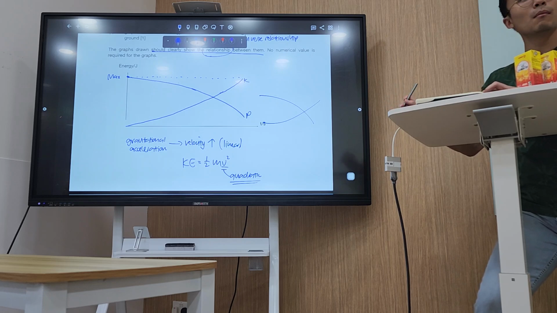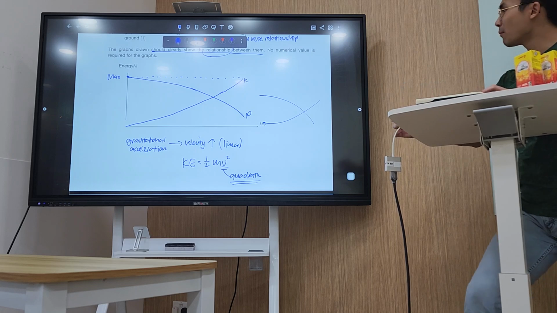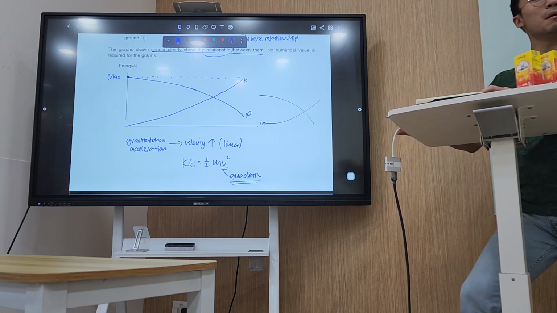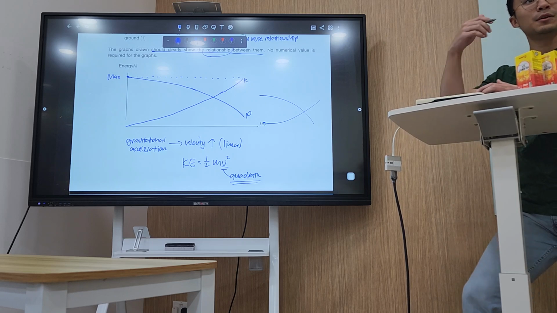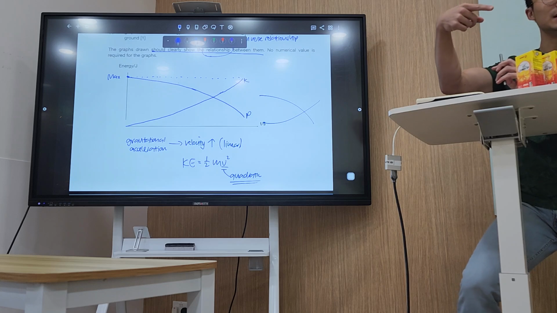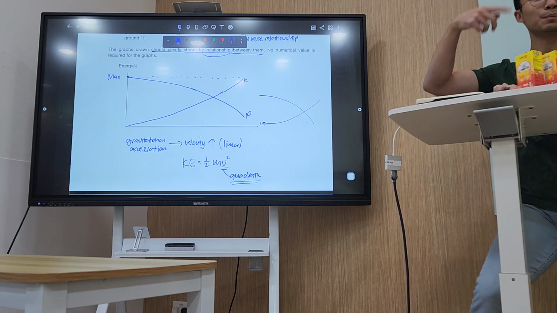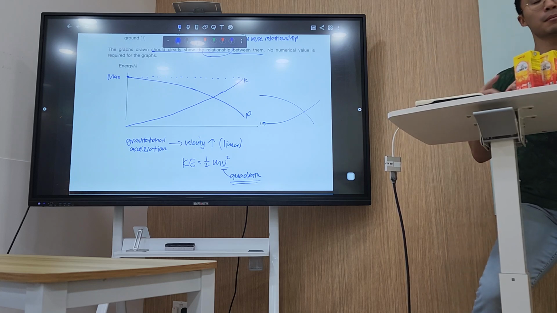You got your KE, but you got K correct? Oh, but you are accelerating downwards. Gravity is continuously making you go faster downwards, so your PE should drop faster and faster and faster. Okay?